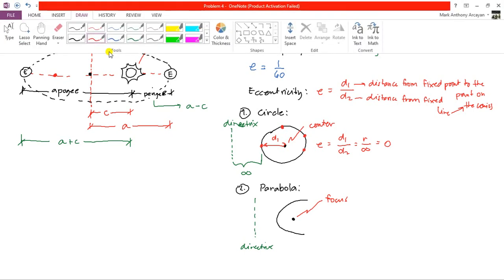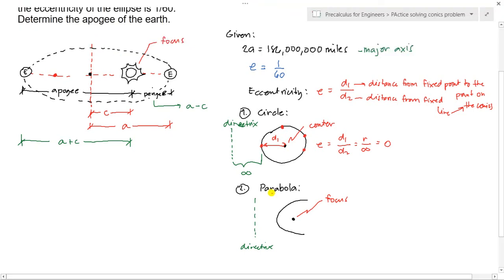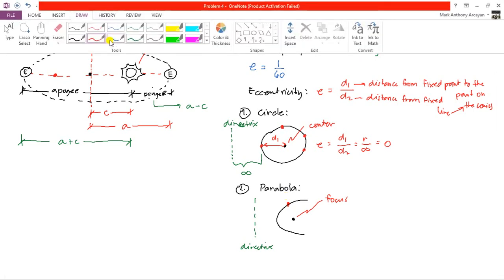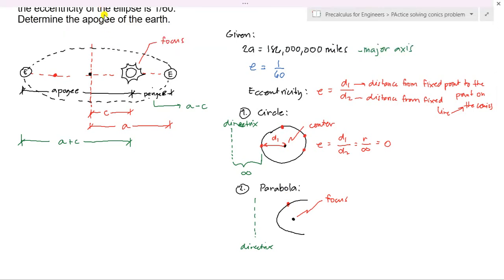So by definition sa parabola, these are a locus of points such that ang distance of this point from the fixed point, the focus, this is D1, is equal to the distance of this point to the fixed line, which is the directrix. So D2.